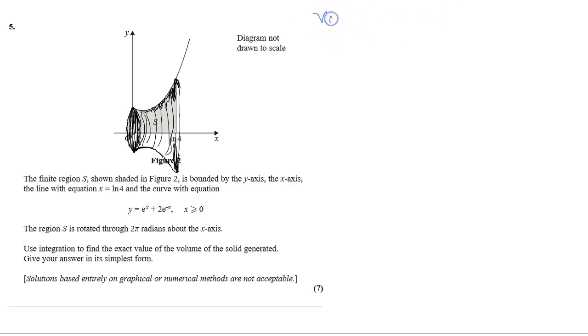So the volume of a solid of revolution is pi integral y squared dx. So the volume will be pi, y squared, from a to b, so this is 0 to ln 4. y is e to the power x plus 2 e to the power minus x, squared, dx.